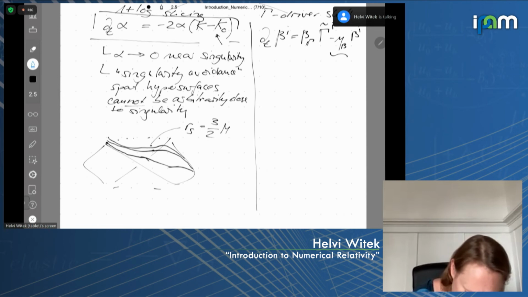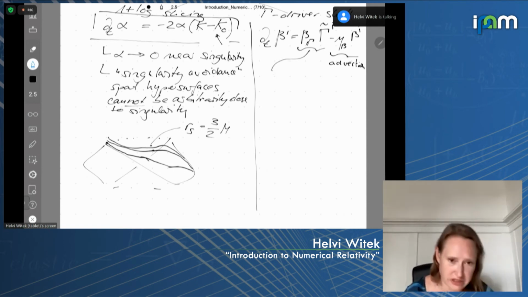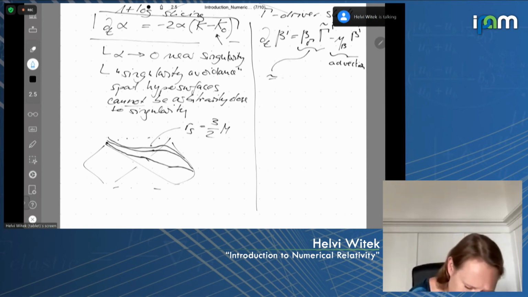This last part is just an advection term, whereas this first part, if you remember, this conformal connection function was defined as, or could be shown to be related to, the derivative of our conformal metric.